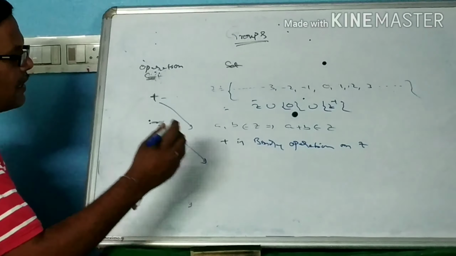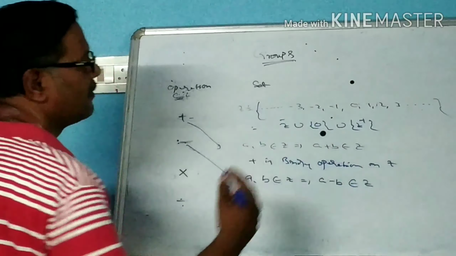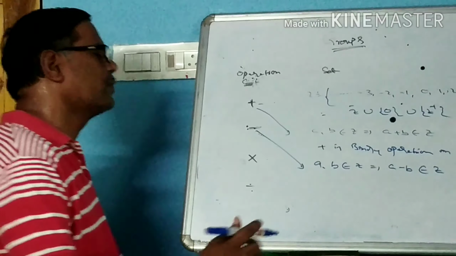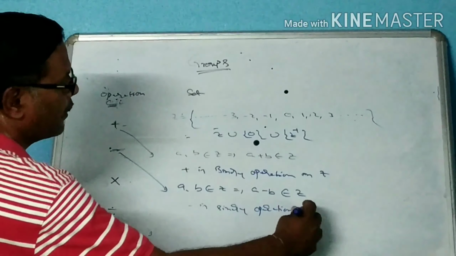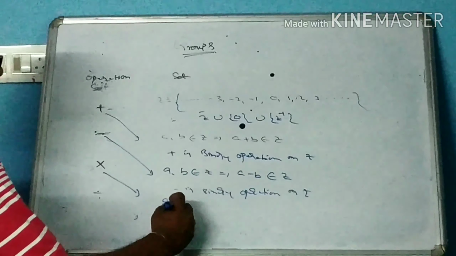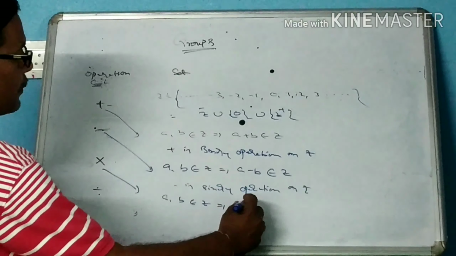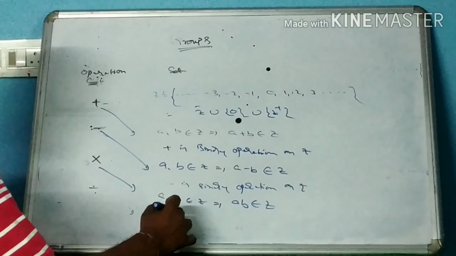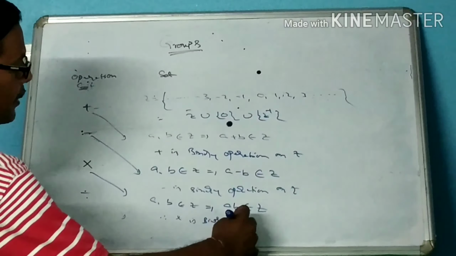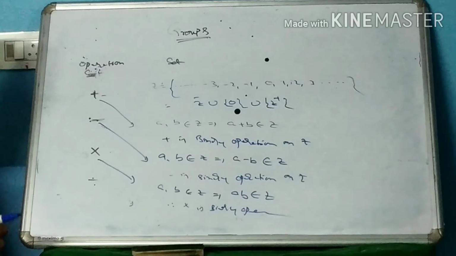If a, b belongs to Z, a minus b belongs to Z. So subtraction is a binary operation on Z. Similarly, multiplication: ab belongs to Z, so multiplication is a binary operation on Z.